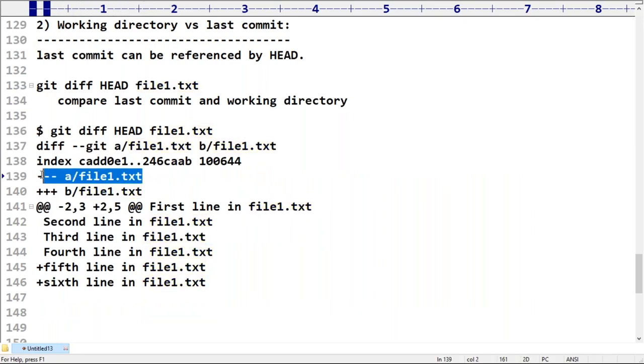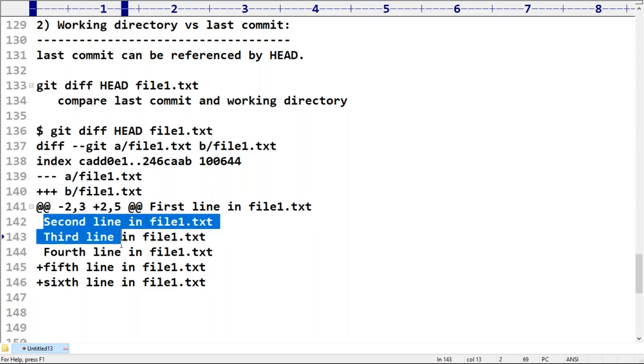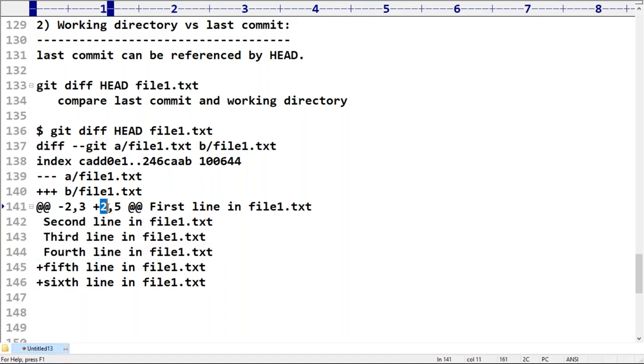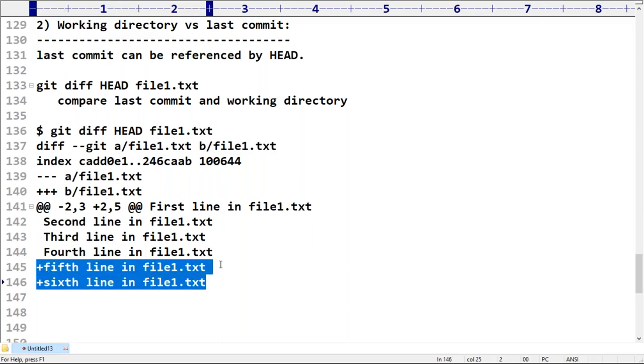Source copy means the last commit. Destination copy means the working directory. So from the second line onwards, 3 lines in the source copy, that means the commit copy. Next, from the second line onwards, 5 lines. These 2 lines were extra added in our working copy. Any doubt?